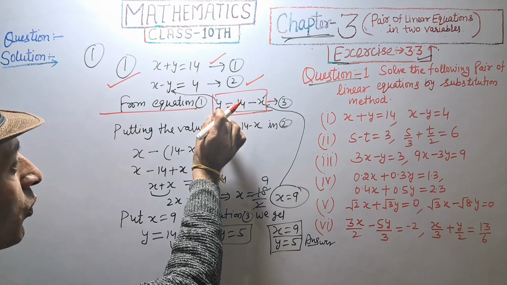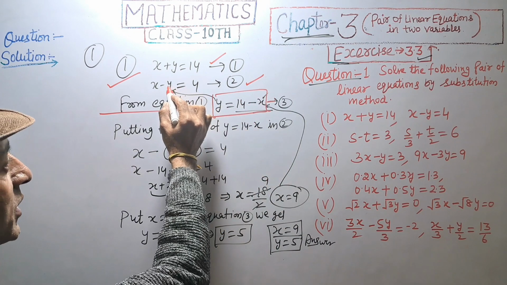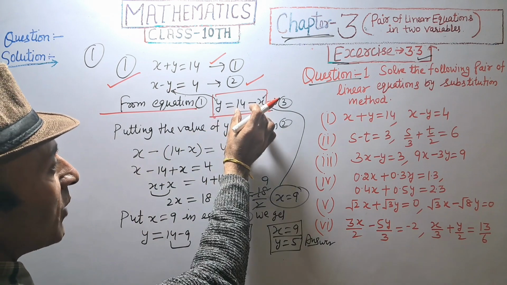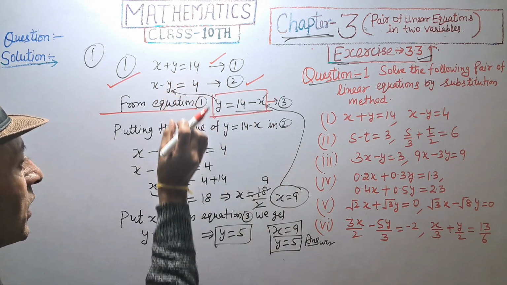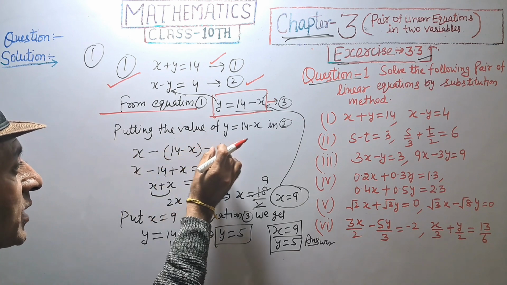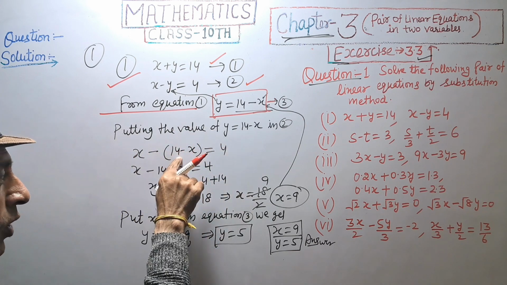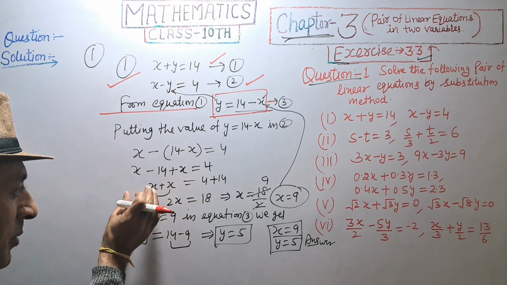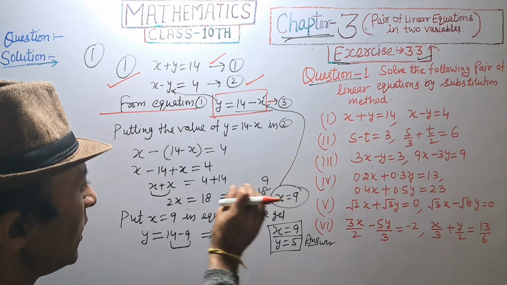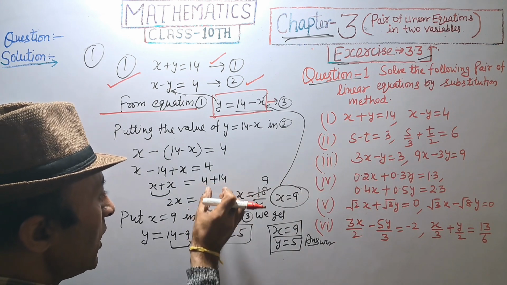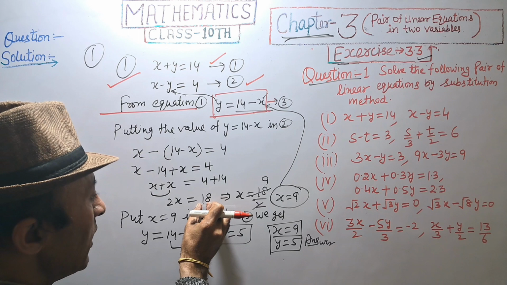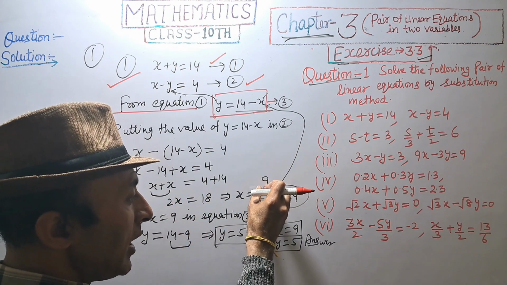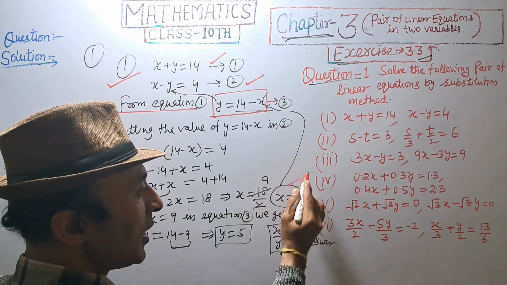And putting the value of y is equal to 14 minus x in equation second, we get the value of x. y is equal to 14 minus x, put in this equation, x minus (14 minus x) equal to 4, and minus 14, minus times minus positive x, x plus x on the left side, but we are shifting 14 to the right side, that will be 4 plus 14, 18. 2x equal to 18 means x equal to 18 upon 2, and 18 divided by 2, 9 2s are 18, we get the value of x equal to 9.